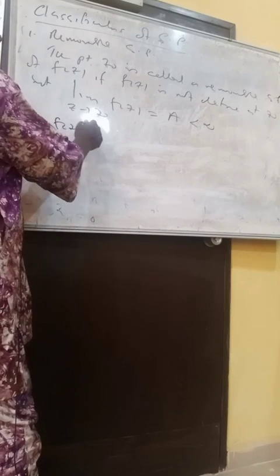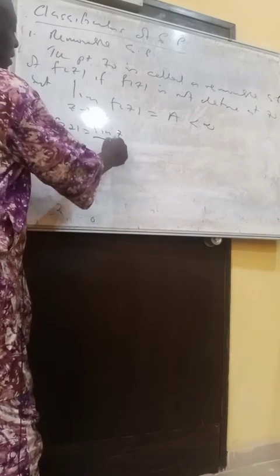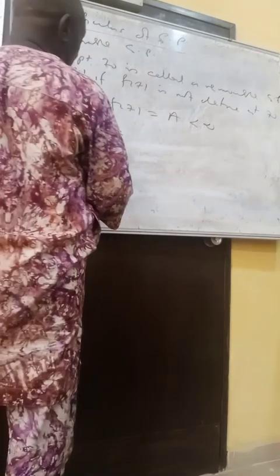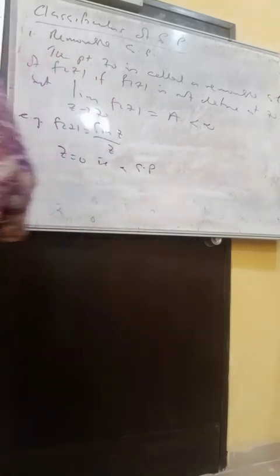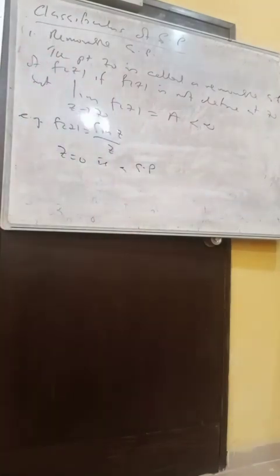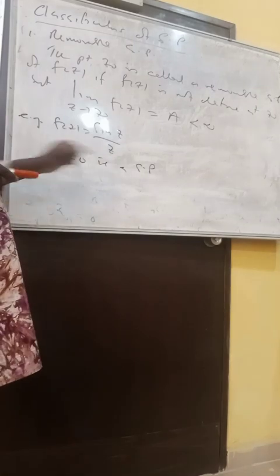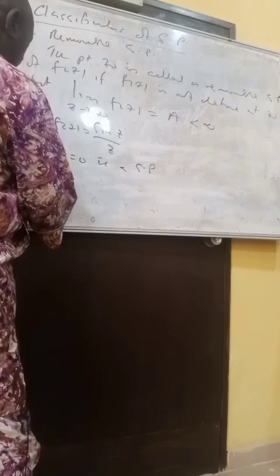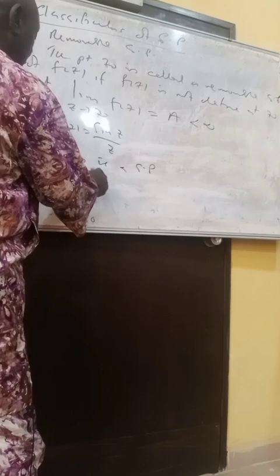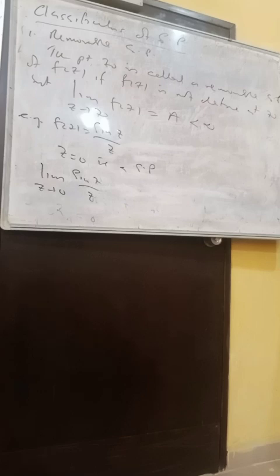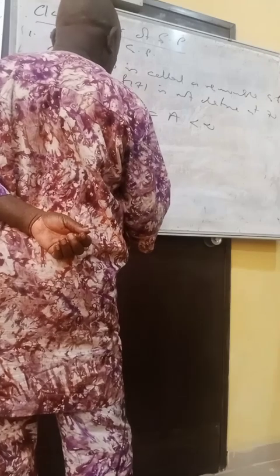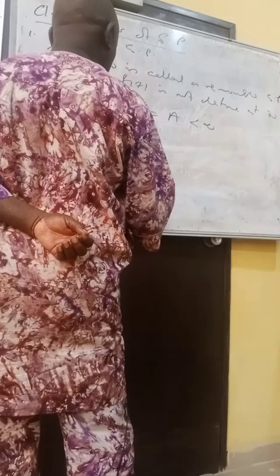For example now, f of z is equal to sine z over z. z equal to 0 is a singularity point, like we showed earlier, because when z is equal to 0, you are going to have 0 over 0. But look at when we take the limit as z tends to 0 of sine z all over z. This is equal to the limit as z tends to 0 of, what is sine z?